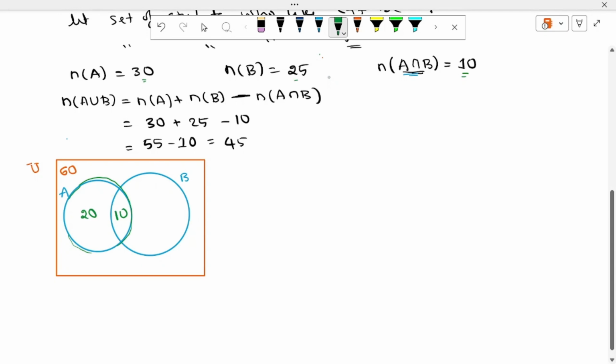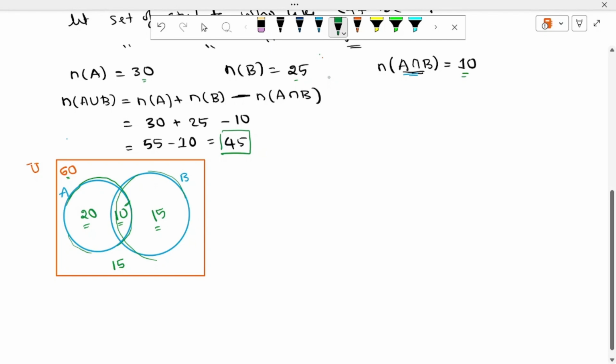Similarly, set B is having 25 elements, and the remaining are 15, because this is a total of 25 and already I have taken 10. If you calculate 20, 10, and 15, you get 45, and that is already here. And the remaining out of 60 are here, who do not like anything.